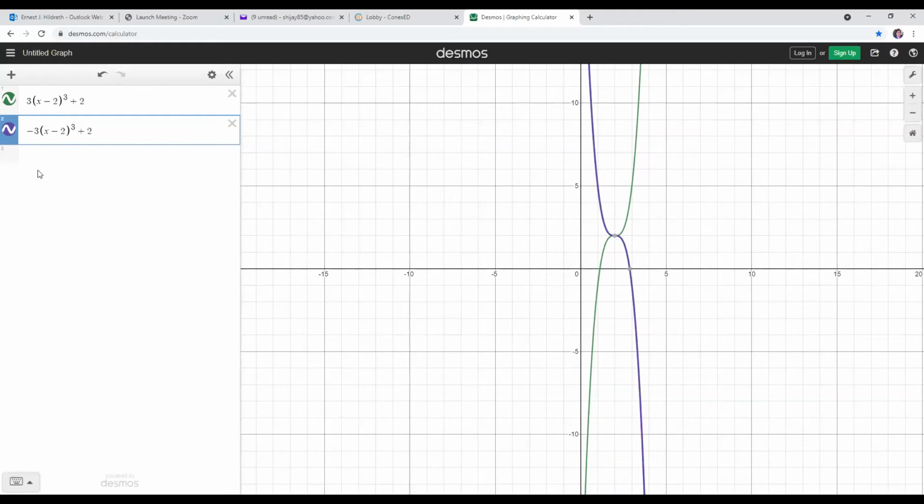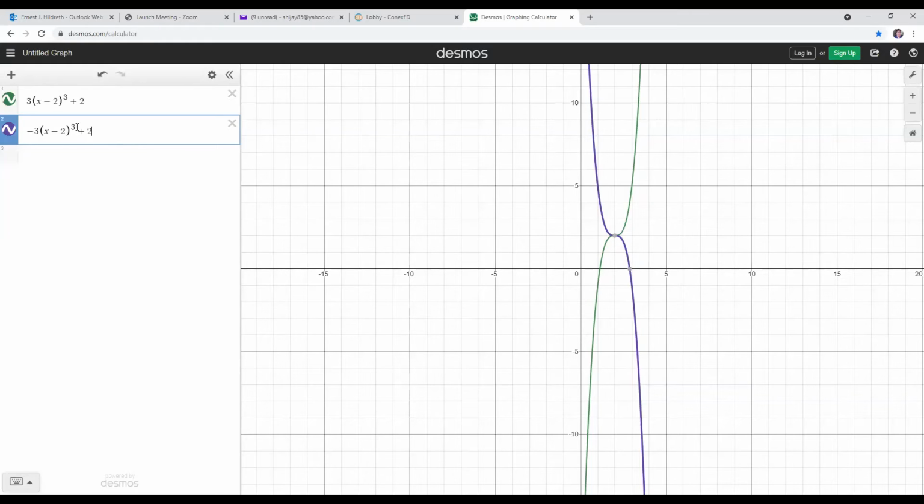So now if you were to change the coefficient to being a negative, it is the opposite. So it's pointing up and it goes downwards. And our vertex is still the same here at 2, 2. So that's how changing the coefficients works.